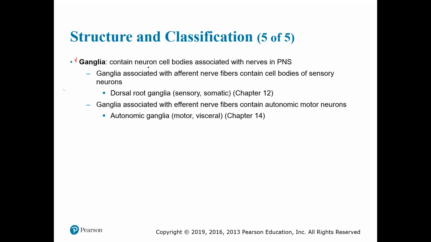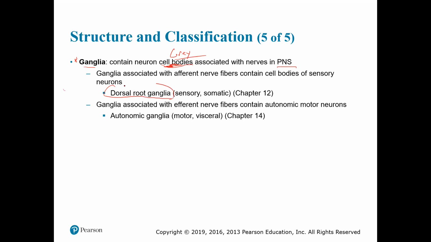Ganglia or cell bodies, remember, are unmyelinated. They're not myelinated, so it's gray matter. That's gray matter. And ganglia is gray matter, or cell bodies, within the PNS, peripheral, so outside the spinal cord, outside the brain. And you'll see there's something called the dorsal root ganglion tomorrow in lab if you didn't see it last week.